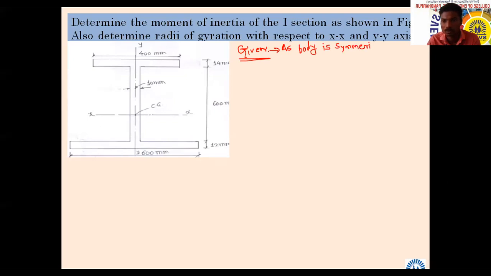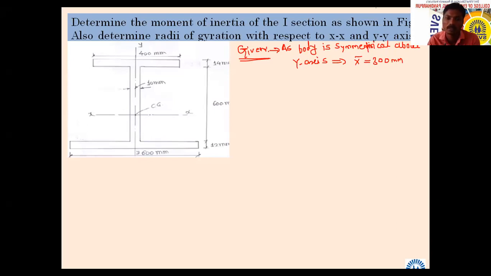Then what will be the x coordinate of centroid? 300. Which implies x bar equals 300. Unit is mm. You can write directly x bar and then you can try for y bar.